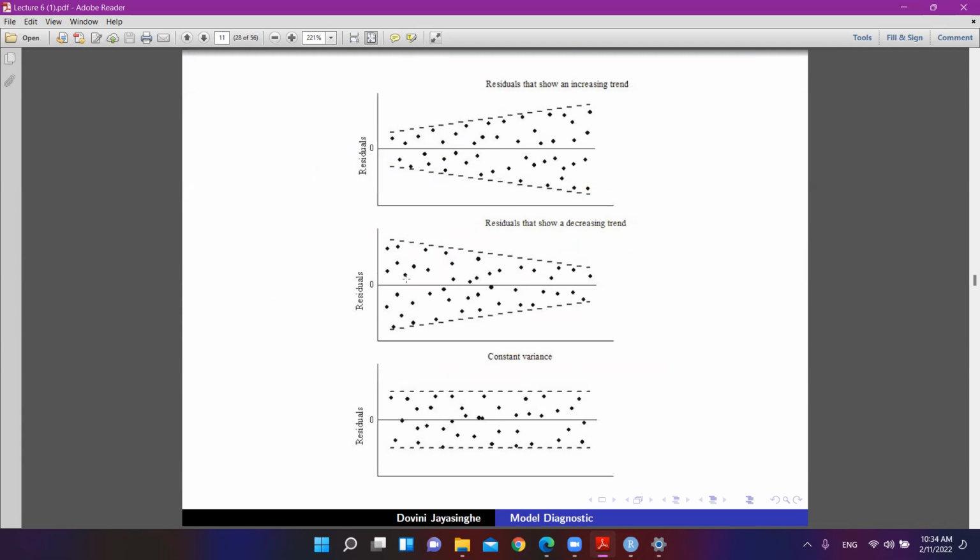So when you increase the X variable, the residuals get very small, but in the lower range you have a high variance, right? So they're talking about the variability here. Here, the variance is either high or low or whatever it is, it's constant around the line. So this is one of the regression assumptions.